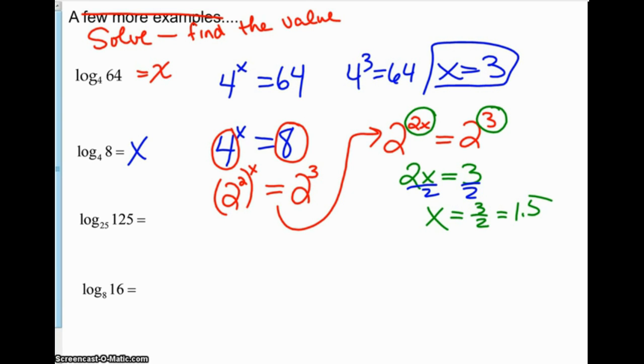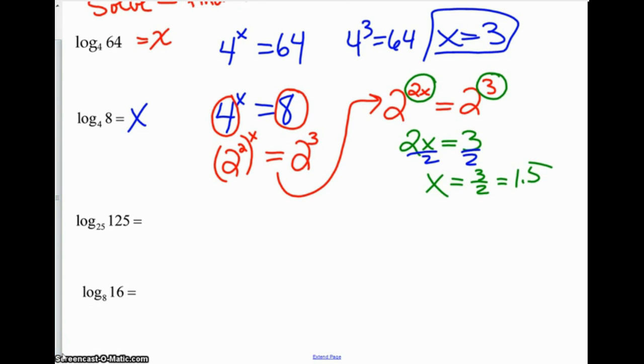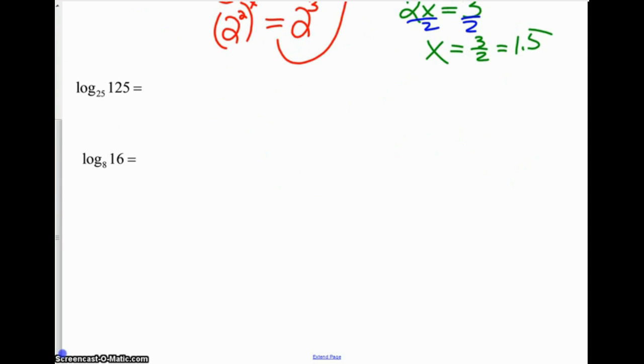Let's do the same sort of problem with this next one. Log base 25 of 125 equals x. I'm going to say 25 to the x power equals 125. My next step is, how do I put them both with the same base?